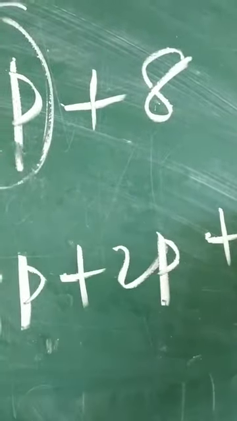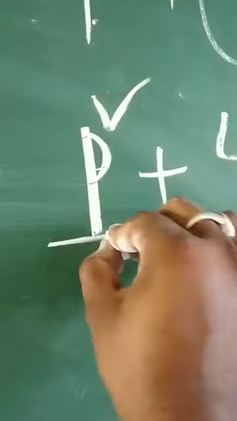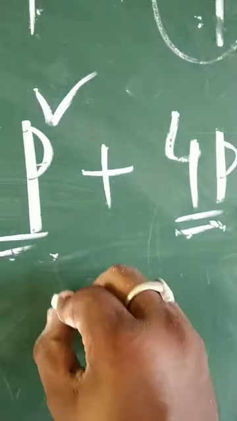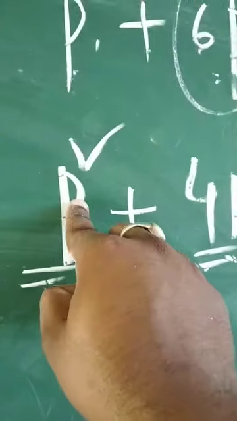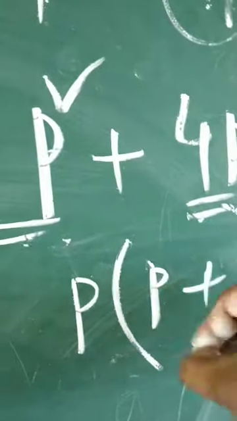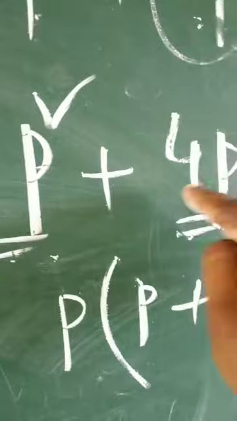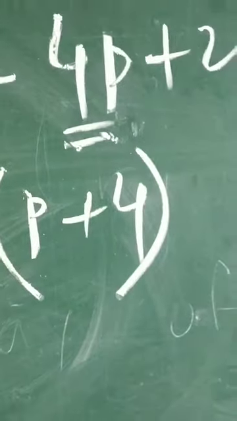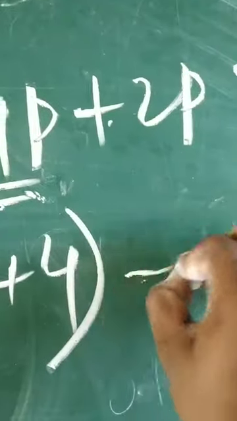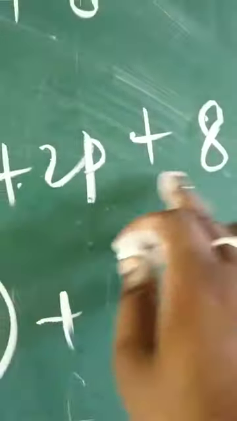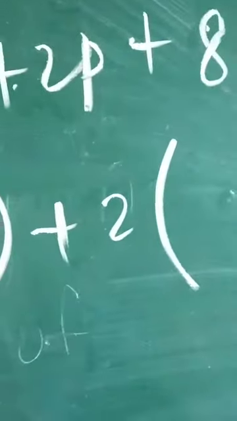Let this be 8 here only. Now, p square and 4p, from these two terms I'll take p common. From p square, 1p has been taken away, 1p will be left, plus from 4p, p is out, 4 will be left. Plus sign, plus sign. 2p plus 8. From these two values, 2 can be taken common.